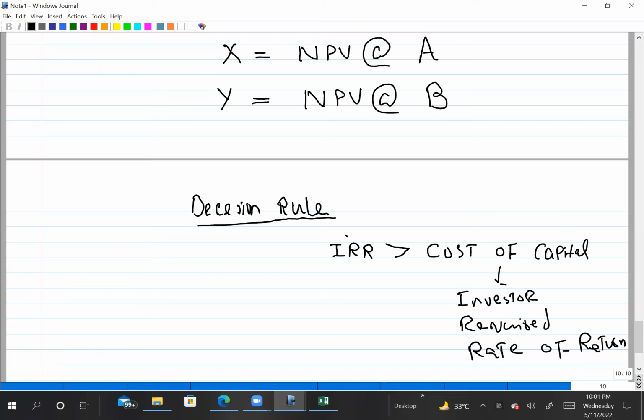For example, I calculate the internal rate of return of a project that is 15%, and the investor is demanding only 10%. If this is the case, then we will accept the project.